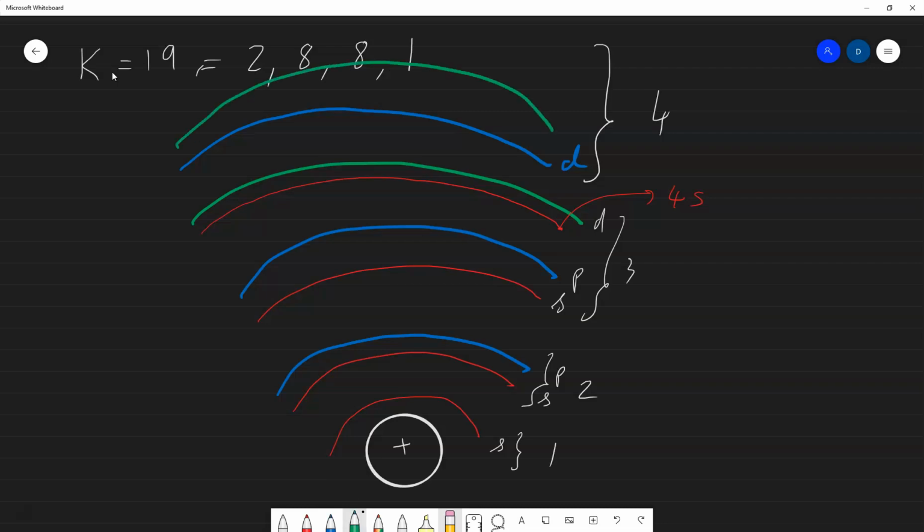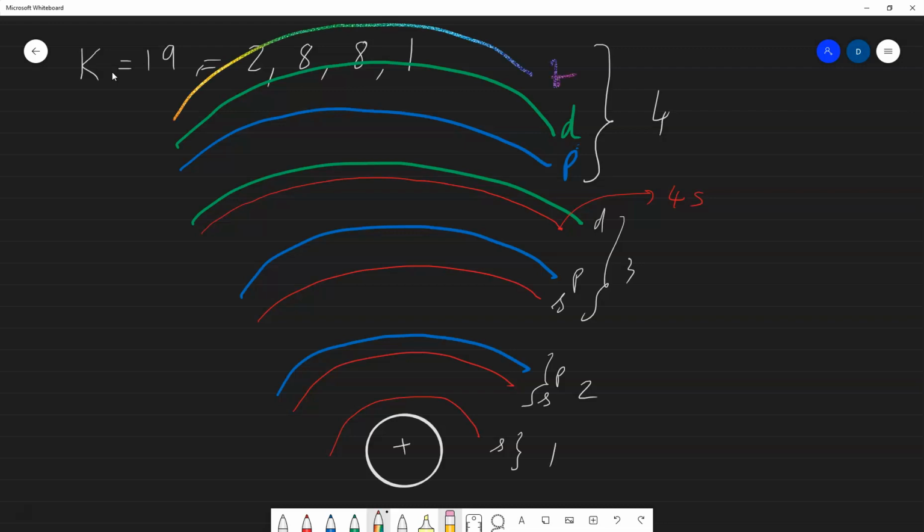Sorry, this is SP, not D. SPDF. So this is the P, and this is the D, and you'll have the F.